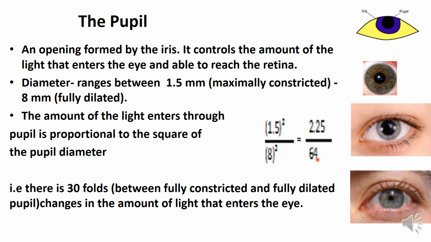It means that the amount of the light going through the pupil when it is maximally dilated will be more than the light entering the pupil when it is maximally constricted by 30 times. There is a 30 times increase in the amount of the light entering the eye, reaching the retina, when it is maximally dilated compared to when it is maximally constricted.